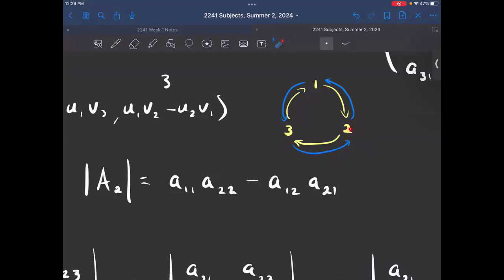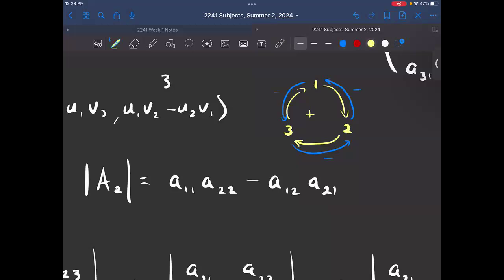And then for 2, you see 1, then 3 going backward for the subtraction. And then for 3, you see 1, then 2 going forward. And then also for 3, you see 2, then 1 going backward. So we can mark in yellow as the positive direction and in blue as the negative direction.